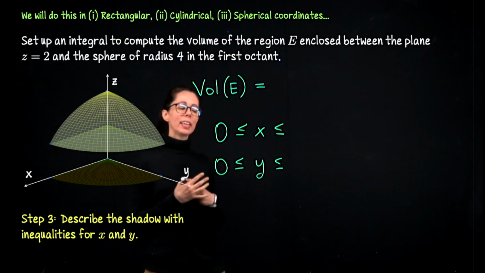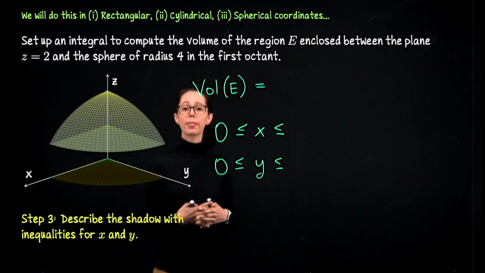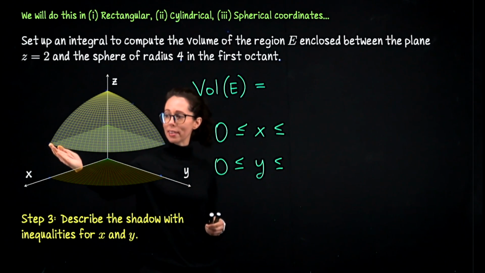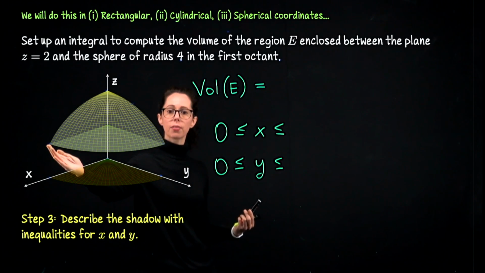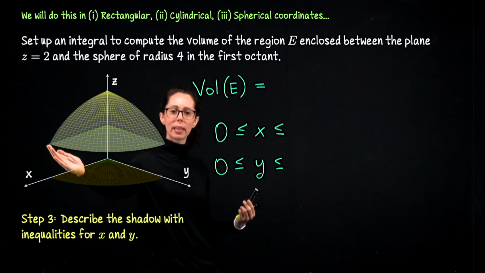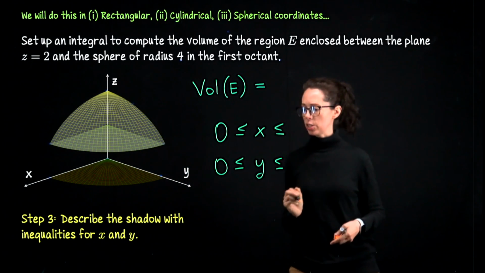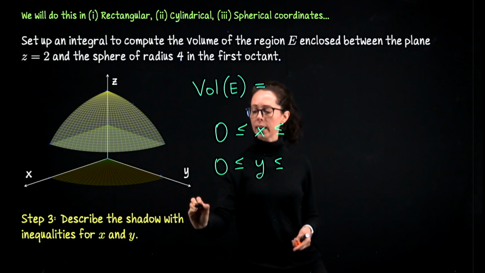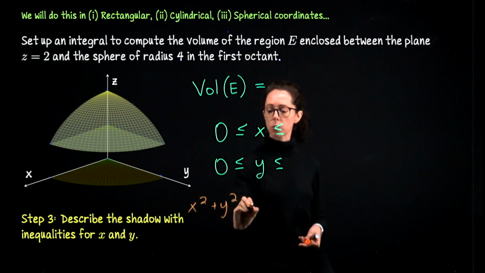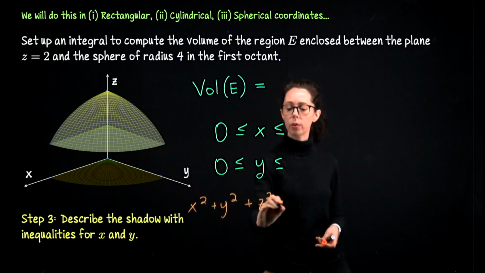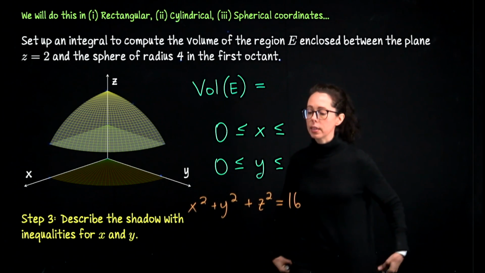Whenever you're looking at the intersection of two objects in math, you want to tie the information that they give you together. So for, say, this particular point, it is the case that both it lives on the sphere of radius 4 and it lives on the plane z equals 2. So let's bring that together. On the one hand, the xyz coordinates would satisfy that x squared plus y squared plus z squared equals 4 squared, but also z equals 2.